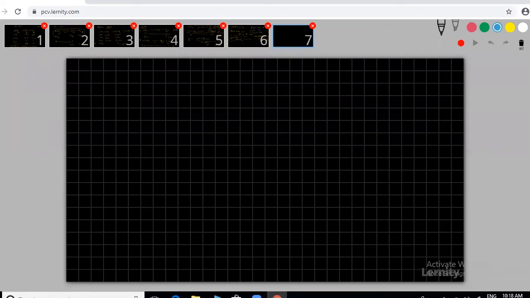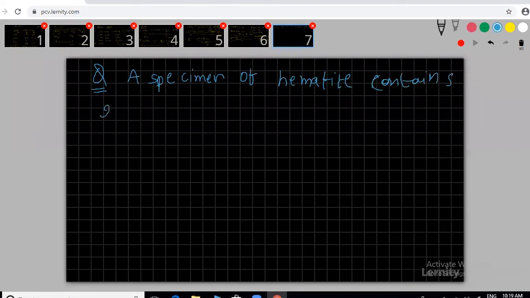Try. A specimen of hematite contains 20% of Fe2O3.